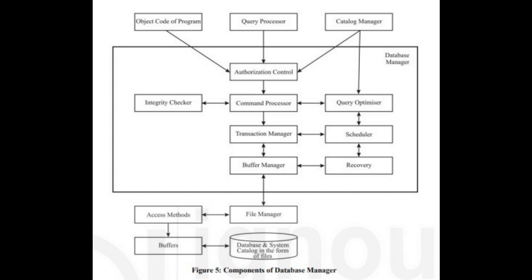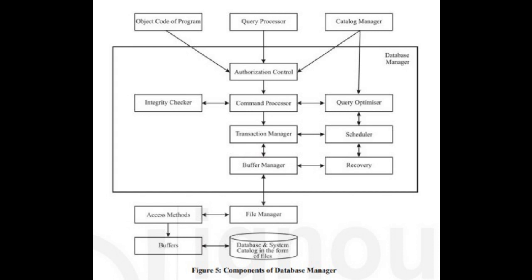To perform the roles or functions as discussed above, database manager has the following software components. These components are also shown in Figure 5. Authorization control is used to verify the credentials of a user to ascertain if she/he is an authorized person to access or modify the data.